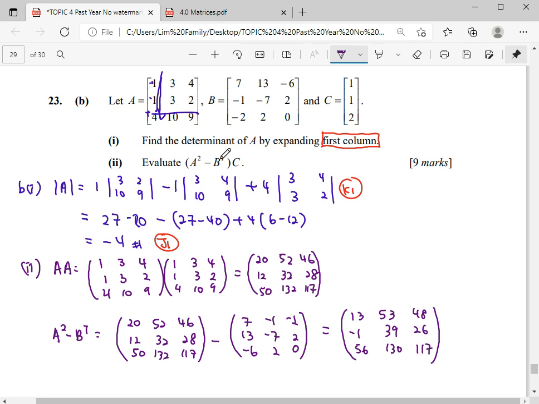So finally we managed to finish this part. Then we're going to take this answer and multiply by matrix C.